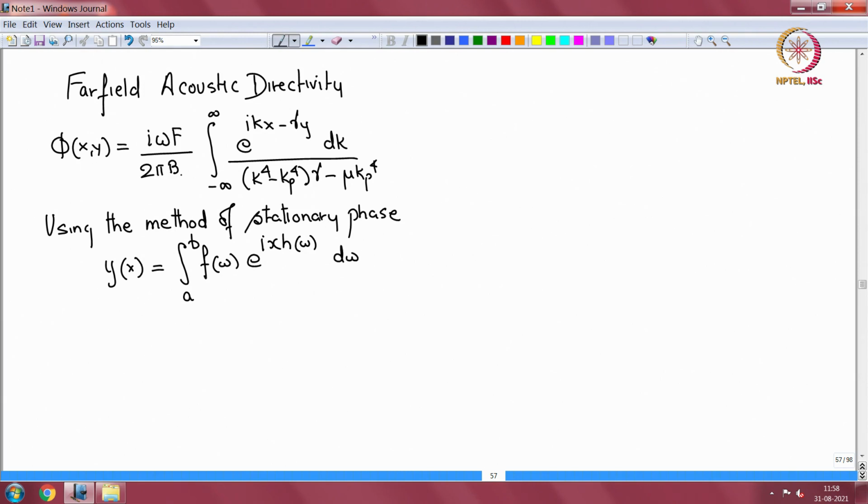Now this exponent term is a cosine and sine, so it can be oscillatory, heavily oscillatory.